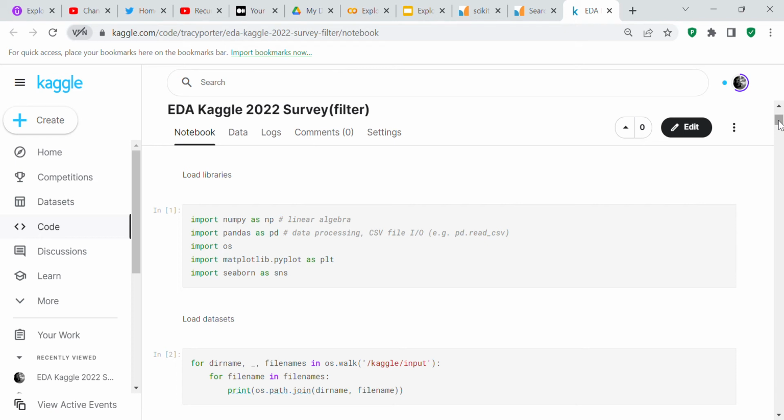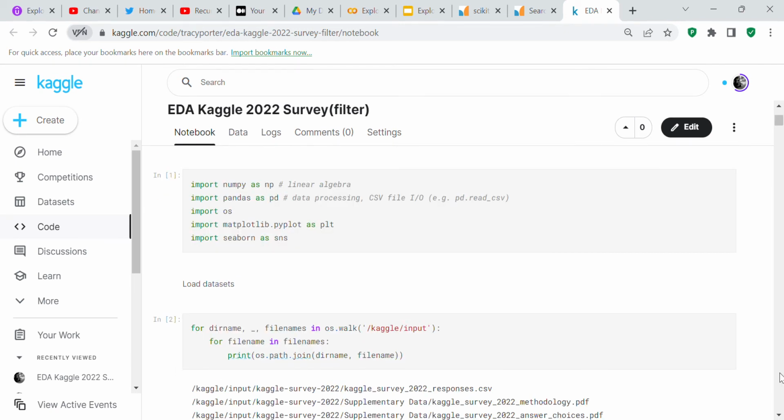I imported Pandas as pd, which performs data processing and creates and manipulates series and data frames. I imported OS, which goes into the operating system of the Kaggle website. I imported Matplotlib pyplot, a graphics library that plots the data points onto a graph. And I imported Seaborn as sns, a higher level graphics library written on top of Matplotlib to give you statistics as well.